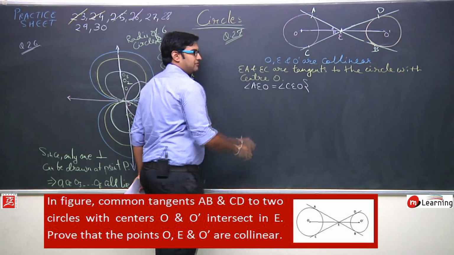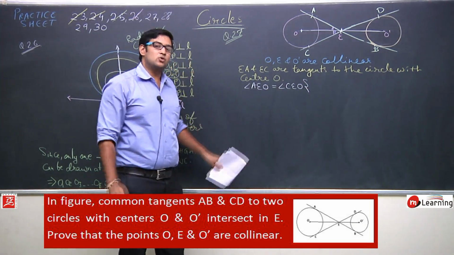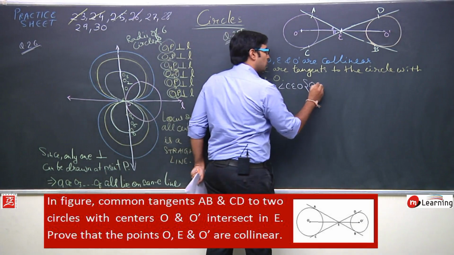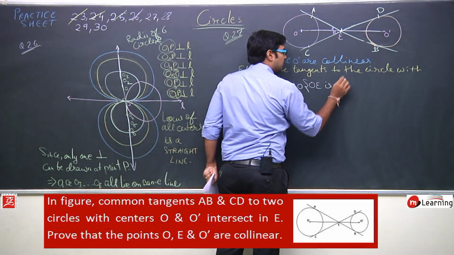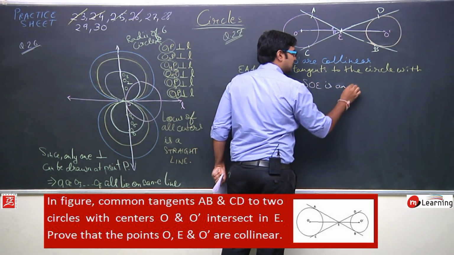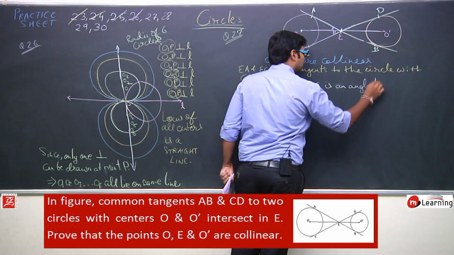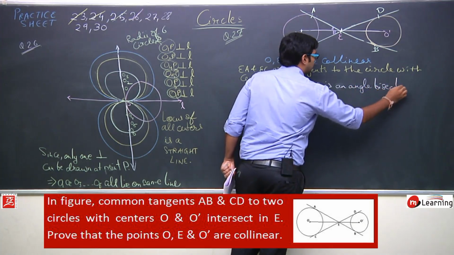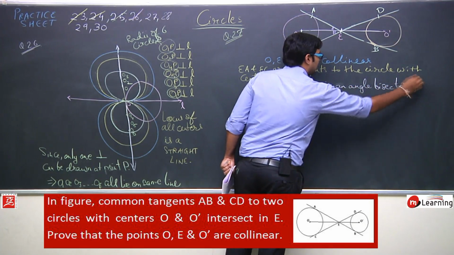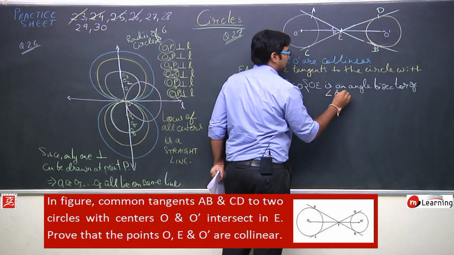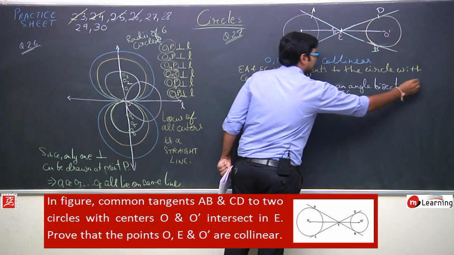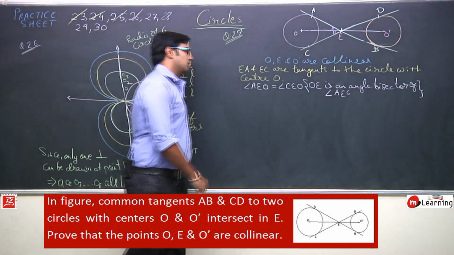Why this property I have written? Because we have initially proved that OE is an angle bisector of angle AEC. Okay, OE is what?